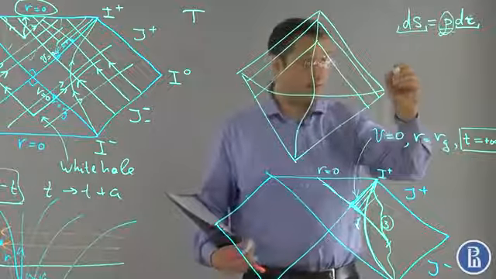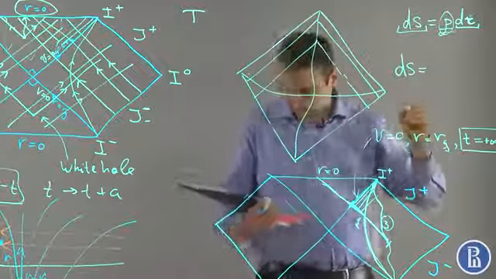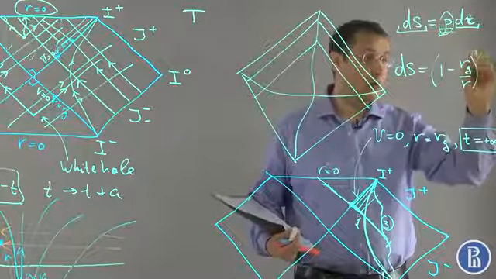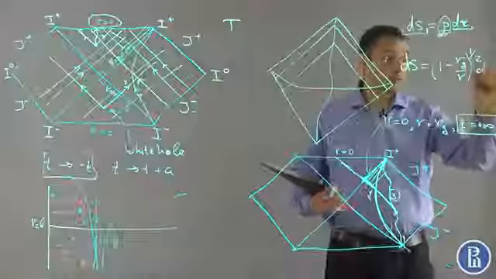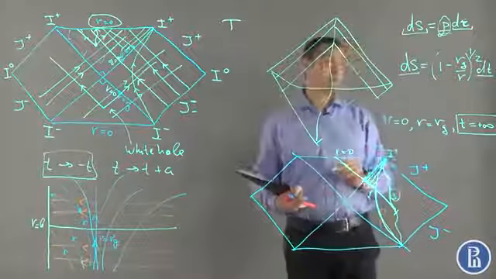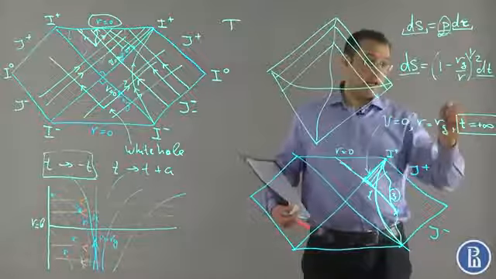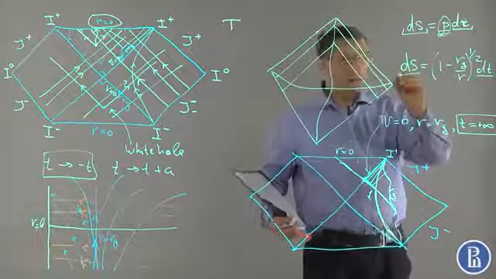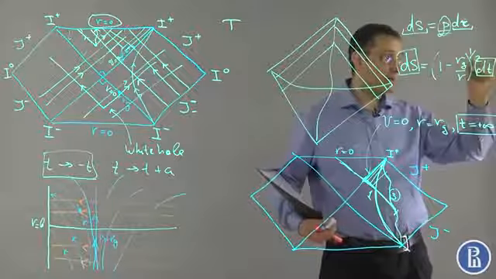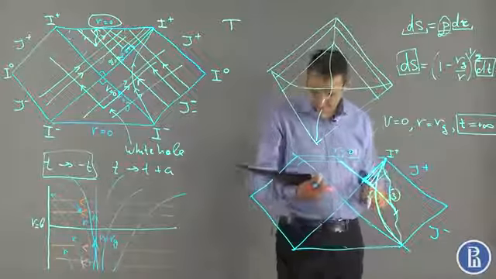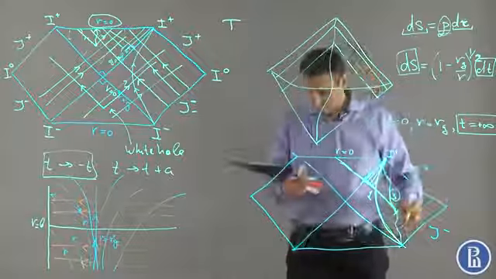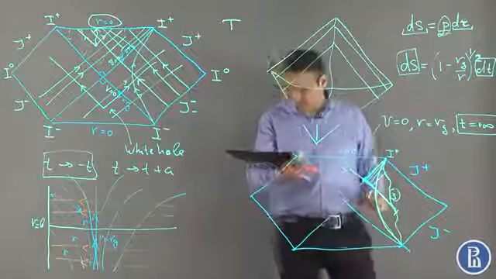Here we encounter the same situation. ds is equal to (1 minus r_g divided by r) to the power 1/2 times dt. So this is a relation between proper time and coordinate time in Schwarzschild spacetime. And as r approaches r_g, finite proper times correspond to bigger and bigger amounts of the coordinate time. This is another way to see the same statement that I have made.